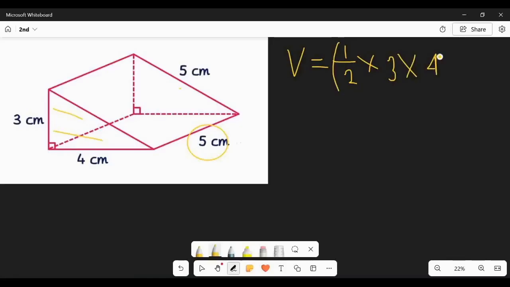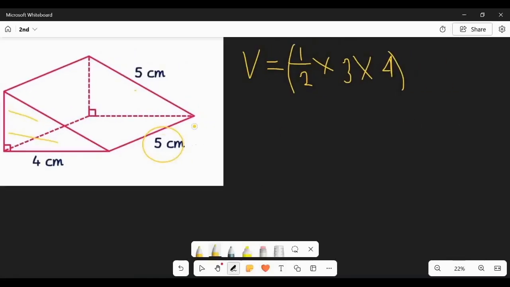Now this is the area of cross section, and then multiply it with 5. Let's calculate the answer. The answer would be 30 cm cubed. So we have found the volume.